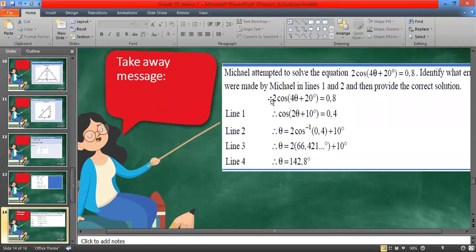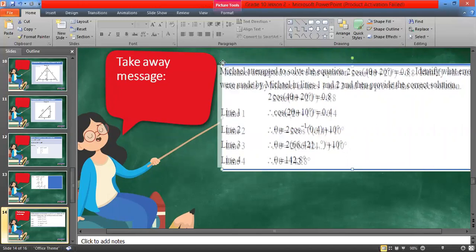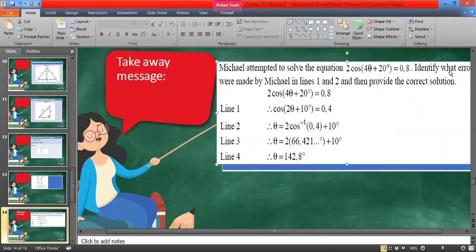Michael attempted to solve this equation: 2 cos 4 theta plus 20 equals 0.8.